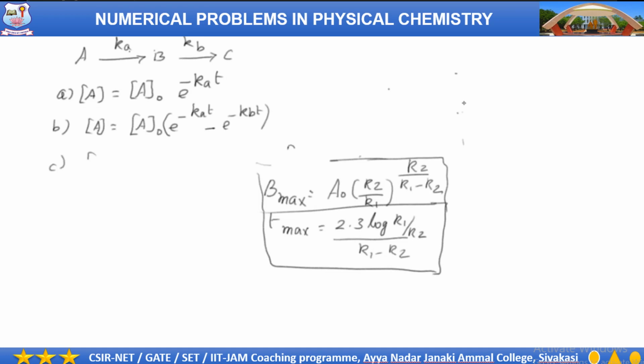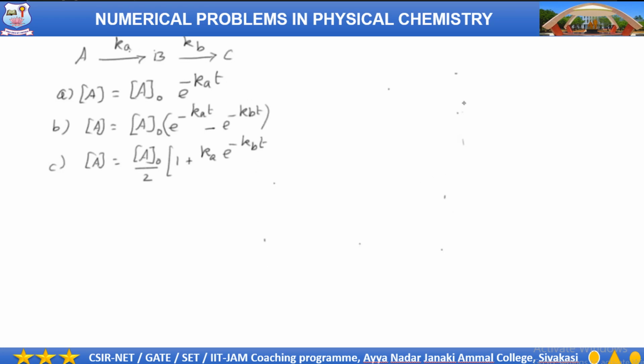C, concentration of A at time t is equal to concentration of A at time 0 by 2 into 1 plus Ka into e power minus Kb t minus Kb into e power minus Ka t, divided by Ka minus Kb.